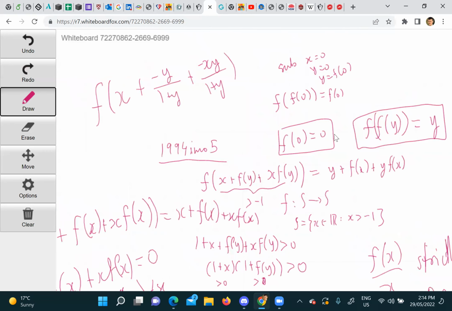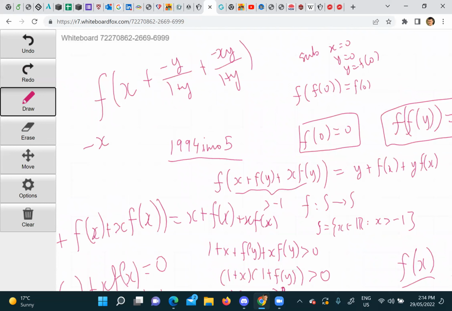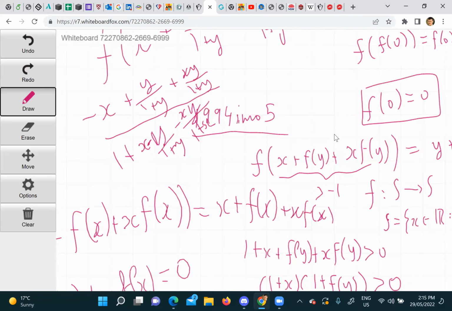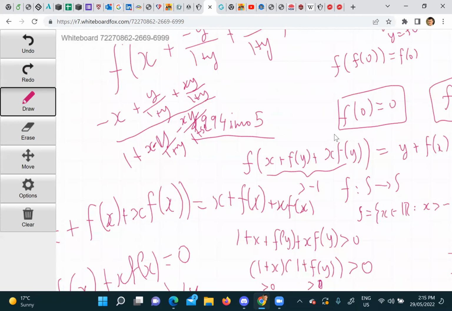Okay. So minus x plus y on 1 plus y. Oh no, that's like negative one of the... Wow, this is a big one. It's like a complex question. And then you multiply out.